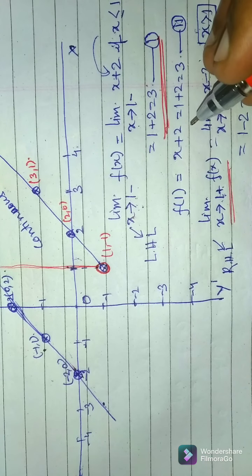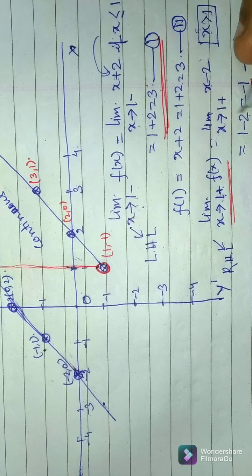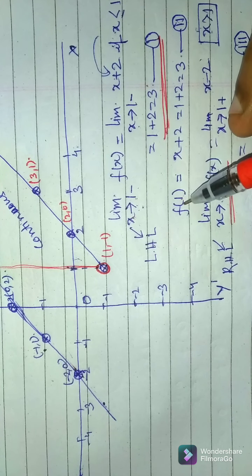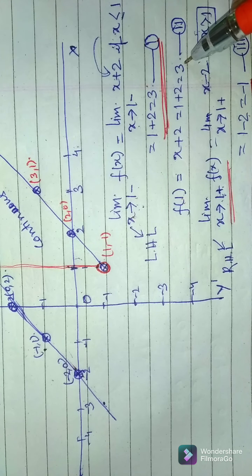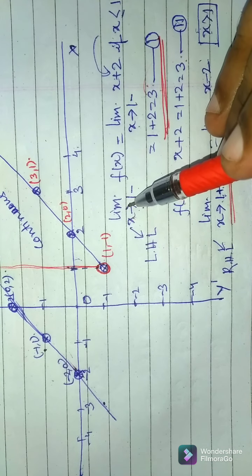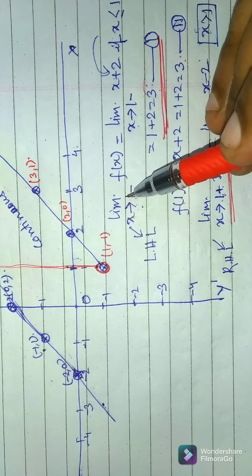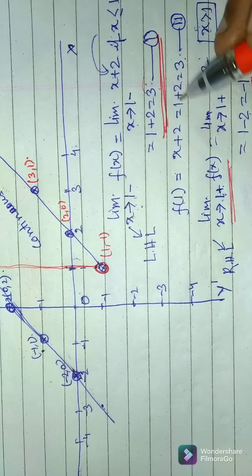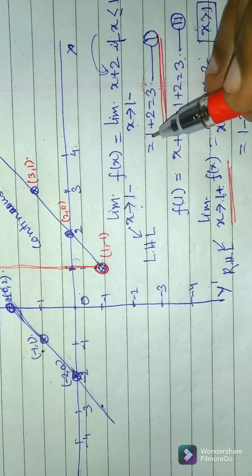When the limit of the function does not exist, and the value of the function at the point x equal to 1 is 3, so all are not equal. So for the continuity of the function, the limit of the function must exist.